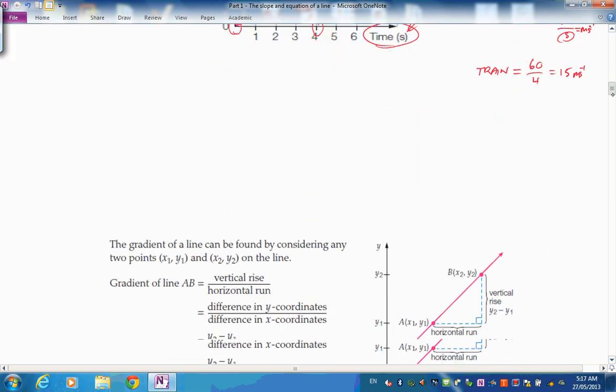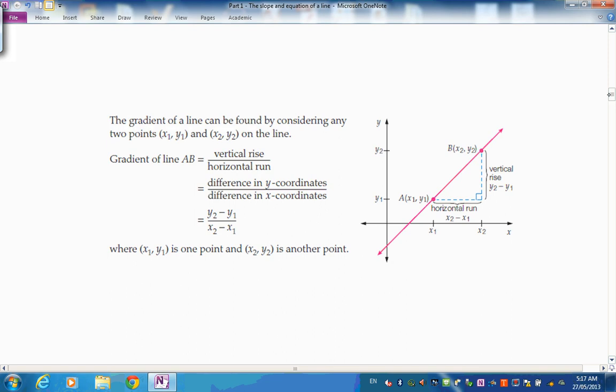Let's go down now and have a look at the Pearson's definition. We're saying here that obviously the points must have the x number first and the y number second, and you're going to then do this. The vertical rise, I don't like the word rise much myself. I'd rather say that is the vertical step or the y step. Sometimes this symbol, and later on in maths you'll see this, is called delta y. Delta, the Greek capital, implies change in mathematics.